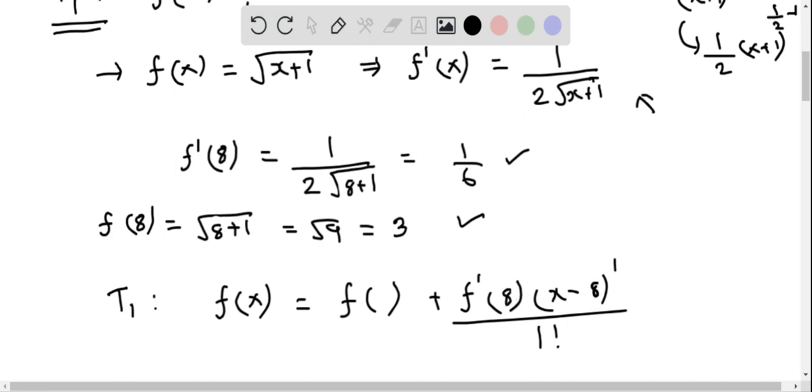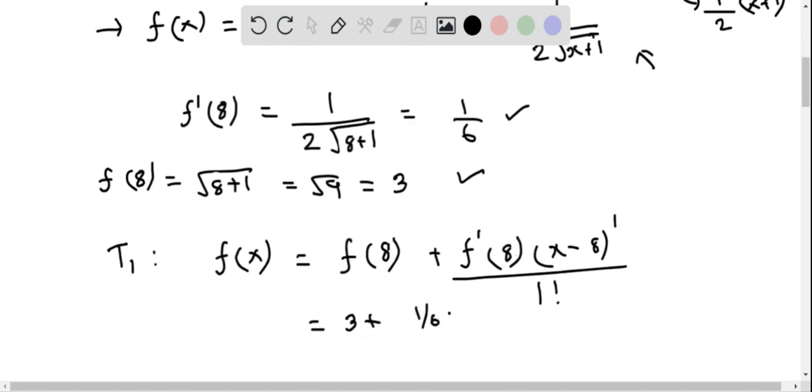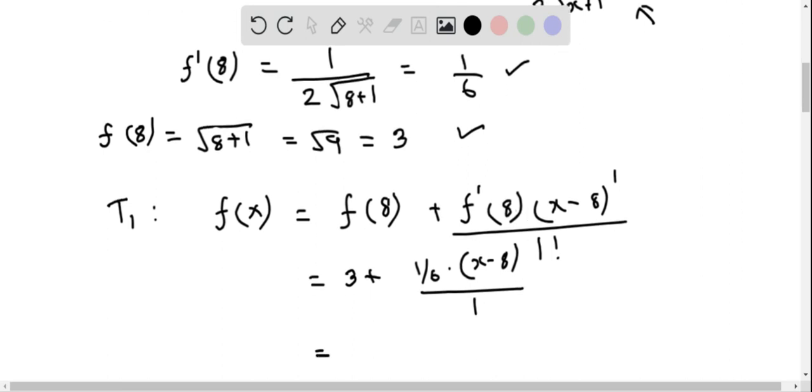So this is how it looks: f of 8, which I know is 3, plus f prime of 8, which I have found out is 1 by 6, times x minus 8 raised to the power of 1, which is basically x minus 8, divided by 1 factorial, which is just 1. So let's simplify this. We get 3 plus 1 by 6 times x minus 8. This is the first degree Taylor approximation.